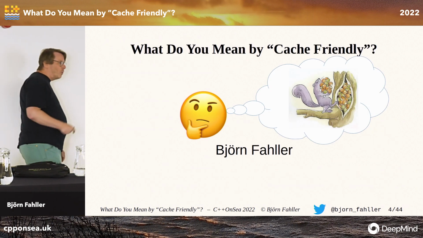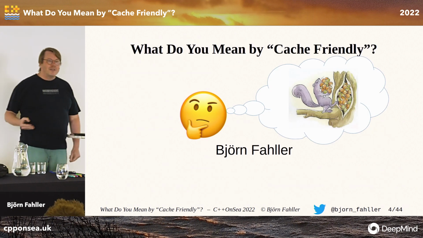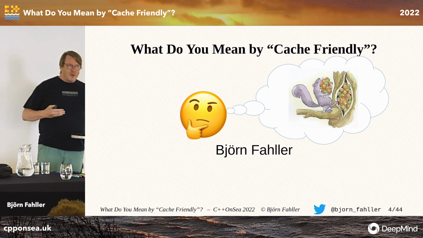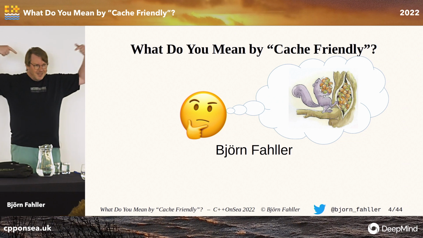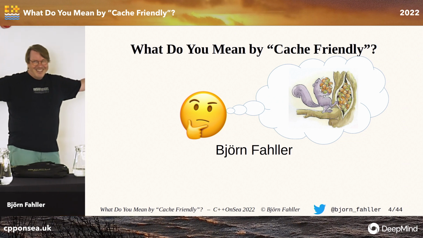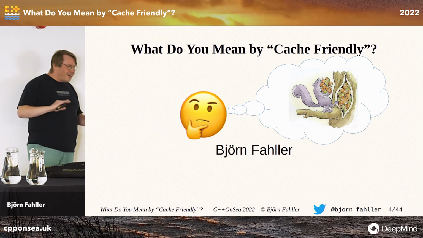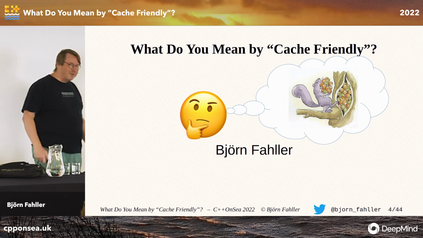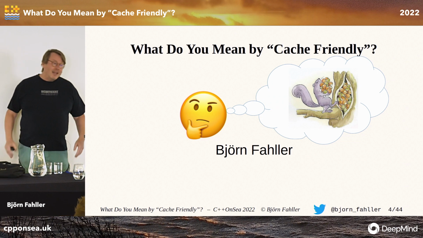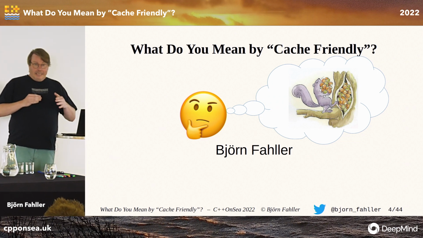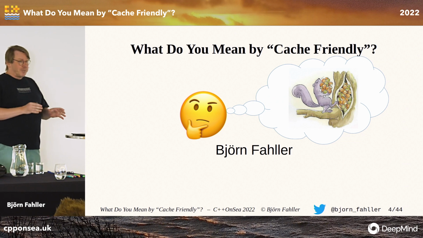This presentation, what do you mean by cache-friendly, is the presentation I wish I had attended a little more than 20 years ago, because the person who wrote that linked list is standing right here. And I can honestly say I did not have knowledge about what these things actually meant. In defense of younger me, at that time when I wrote that system, the system was much, much, much smaller.